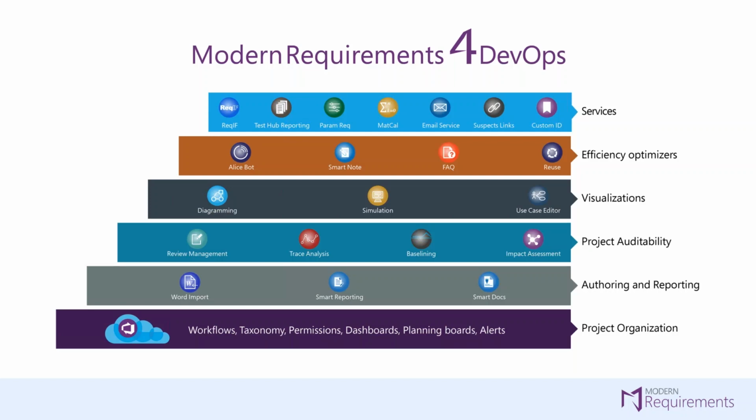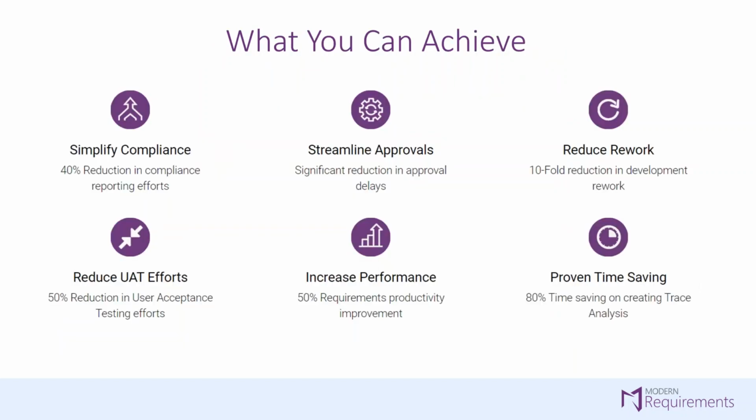These features are always improving and growing based on our client feedback, and hence why we have released webinars like this. So to summarize, thousands of our users worldwide have experienced shortened cycle times, increased value flow, and reduced development rework.